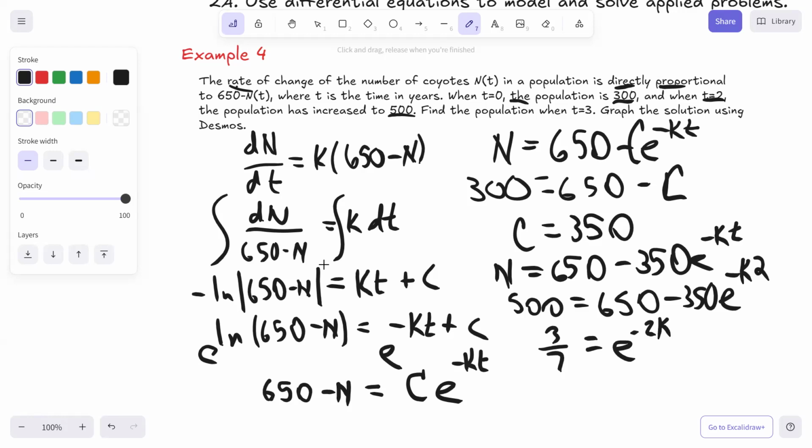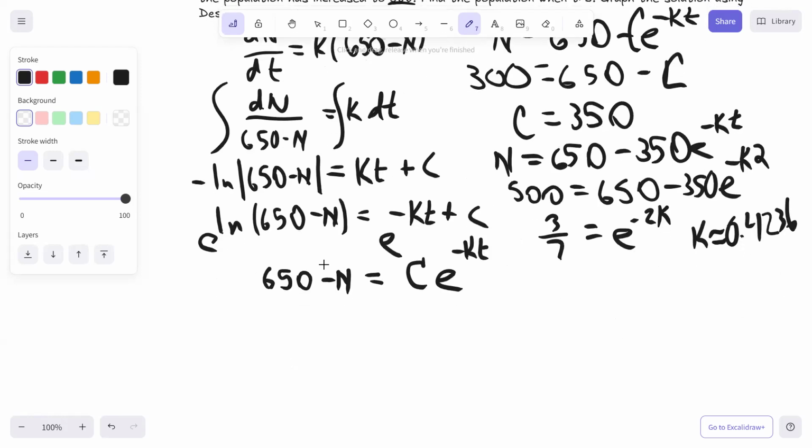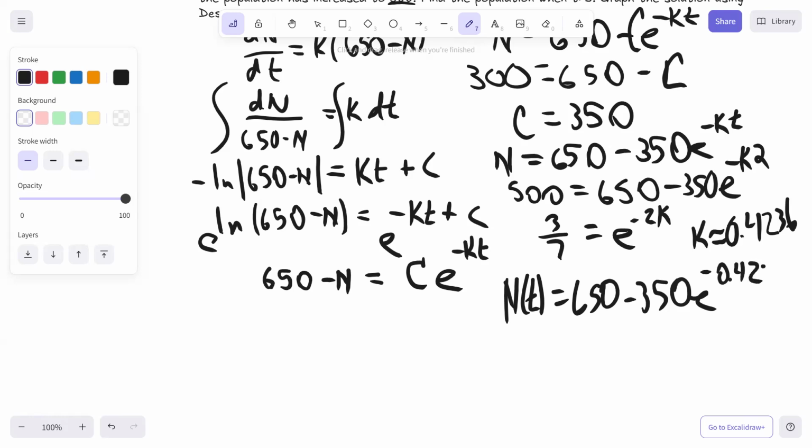We natural log both sides and divide by negative 2. Then you would have k is approximately 0.4236. So we have N of t equals 650 minus 350 e to the negative 0.4236 t.